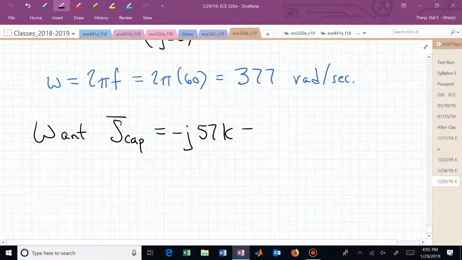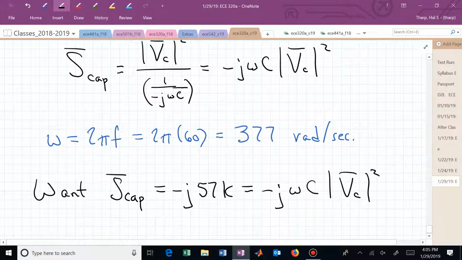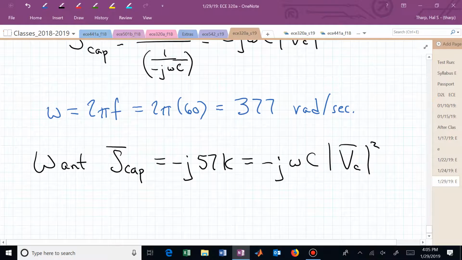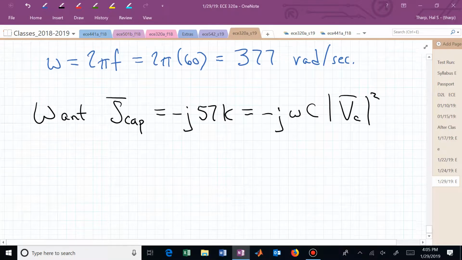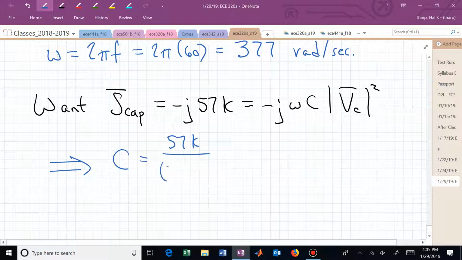But we know from what we just derived that that's equal to minus j omega C V sub c squared. And we know V sub c's magnitude. We can square that. We know omega, that's 377. The only unknown is C. We can now solve for that. And to get exact cancellation, our capacitor value is now 57k over 377 times 500 squared.